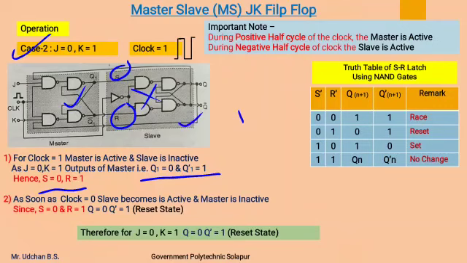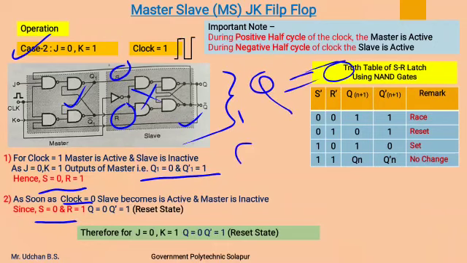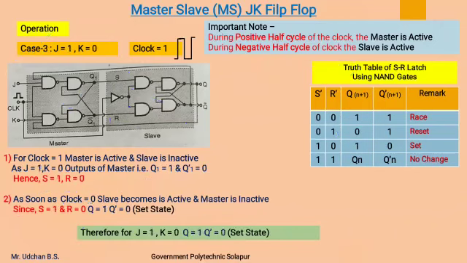Now as soon as clock becomes 0, the slave becomes active and master will be inactive, by which since S is 0, R is 1, the output gets reset, that is Q becomes 0 and Q complement becomes 1. So for J 0 and K 1 the output gets reset.